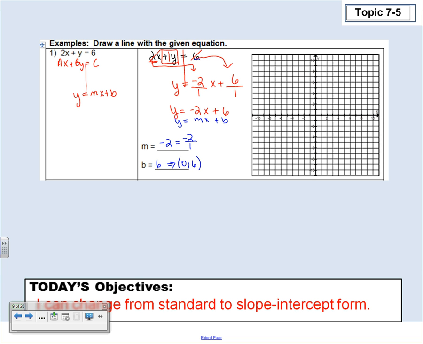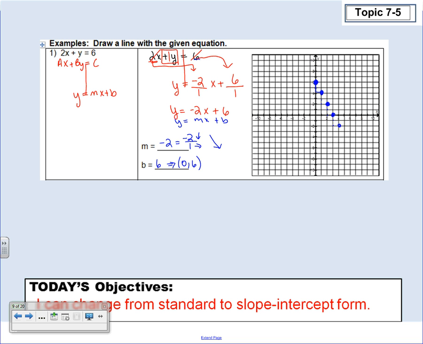So we'll start with the y-intercept. We go to our y, and we go where y is equal to 6. And then our slope is negative. That means we're going to be decreasing. That means the bottom number goes down. The top number goes down. Bottom number goes to the right. So we're going down 2 to the right 1. Down 2 to the right 1. Down 2 to the right 1.